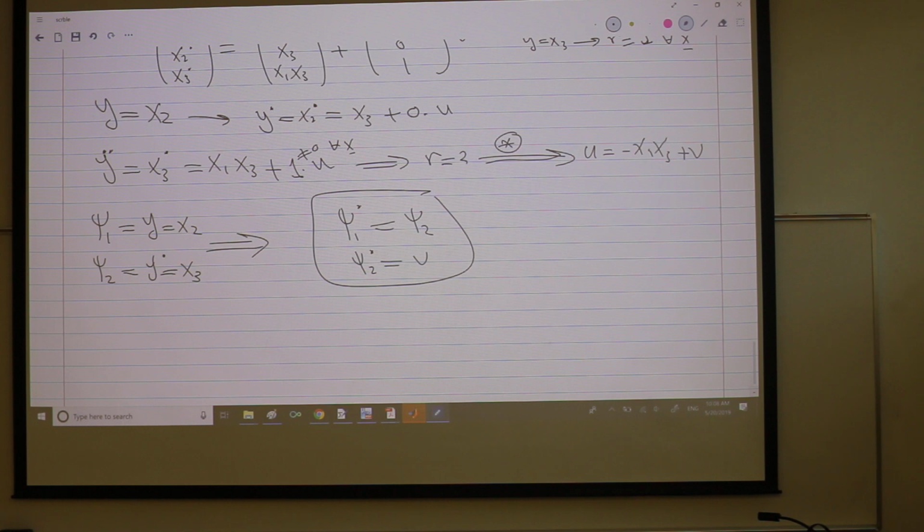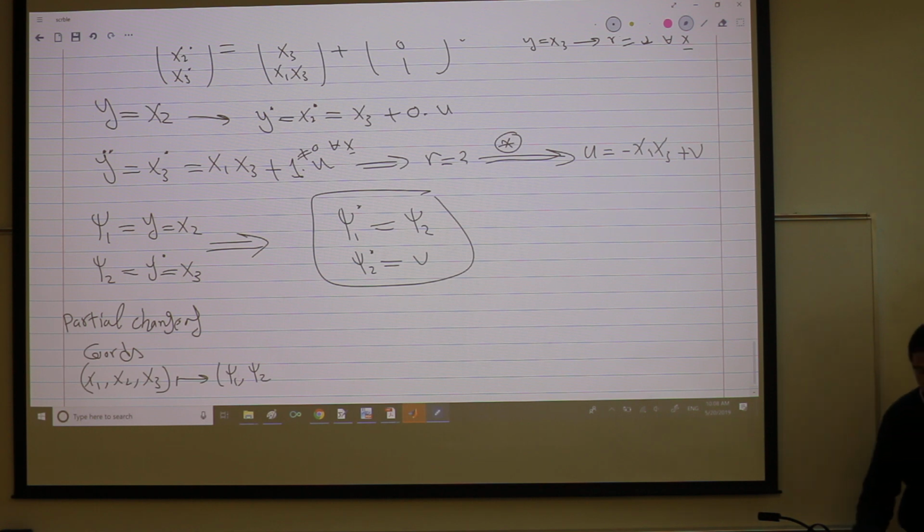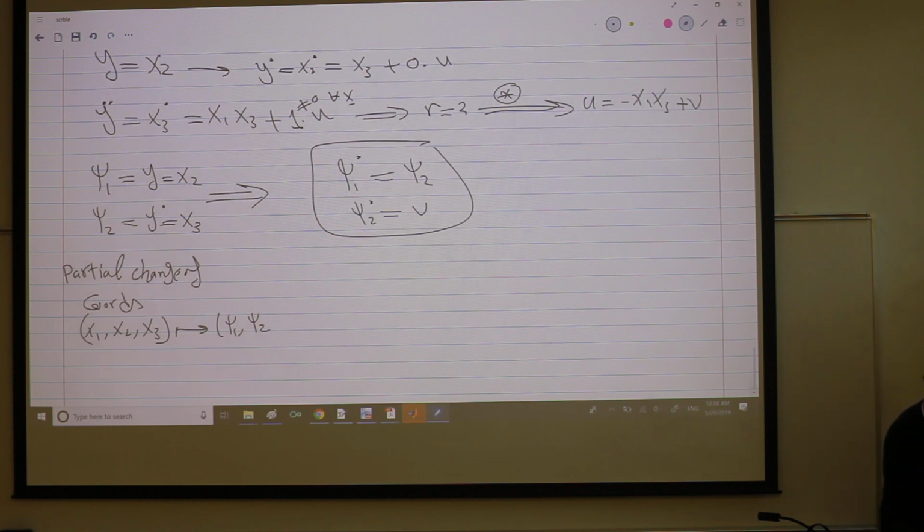What about the nonlinear part? Like I said, this is a partial change of coordinates. I have x1, x2, x3. Now we go to psi1 and psi2. This is the linear part. What is the remaining nonlinear part? Let's see. psi1 is actually x2, psi2 is x3. So the remaining part is x1, right?